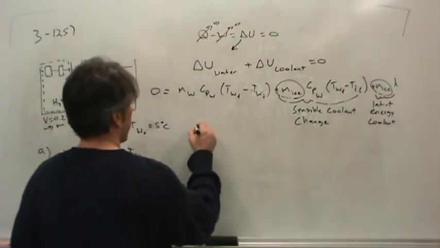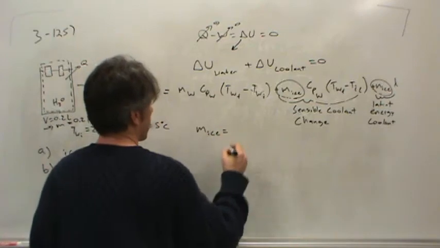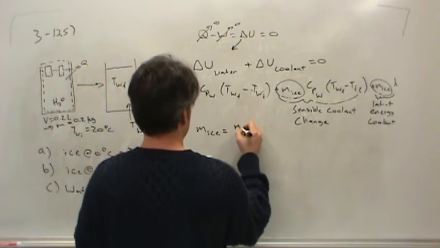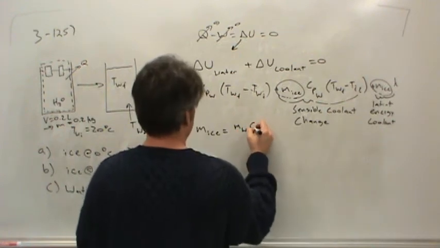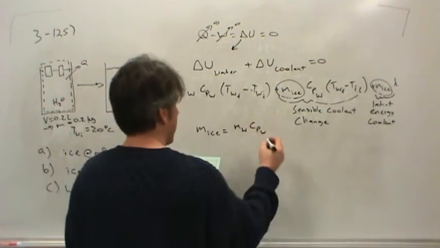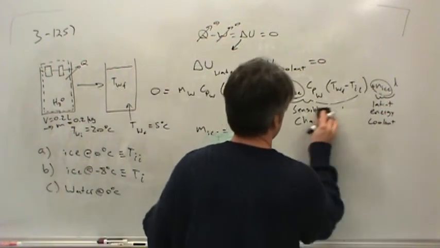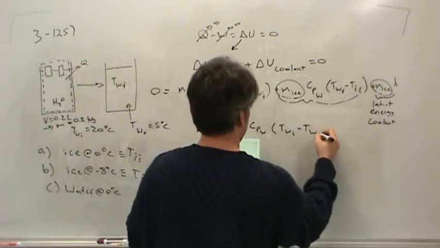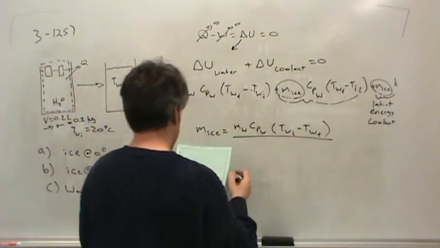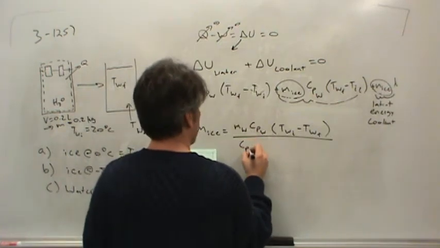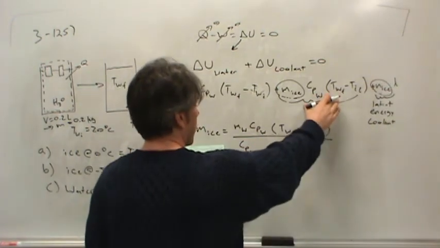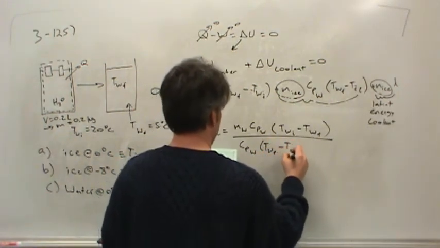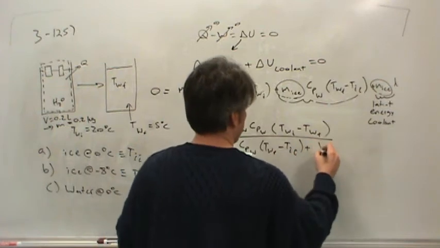So solving for the mass of the ice that's required, what you find is that you've got the mass of the drink or the water times the heat capacity of the water multiplied by the water's initial temperature less the water's final temperature, divided by the heat capacity of water, because remember the ice is just water itself, times the final temperature of the water less the initial temperature of the ice plus lambda.